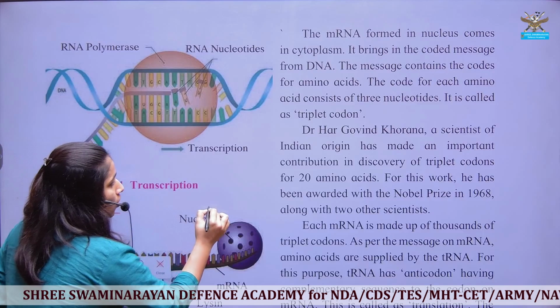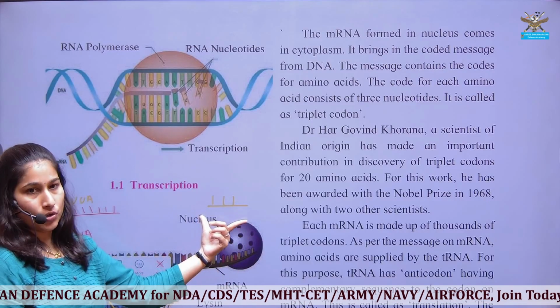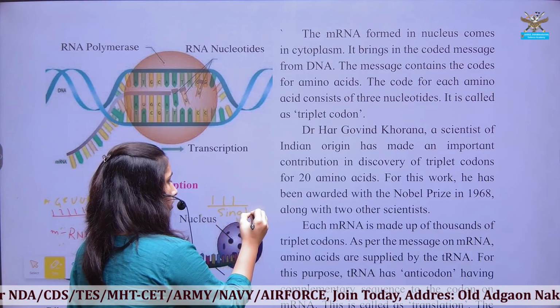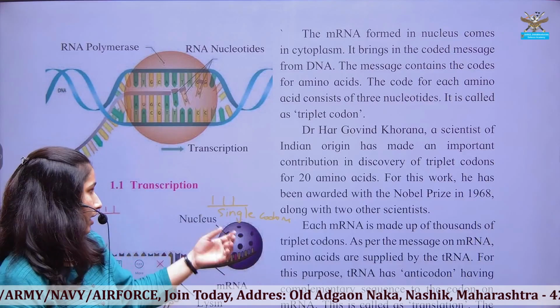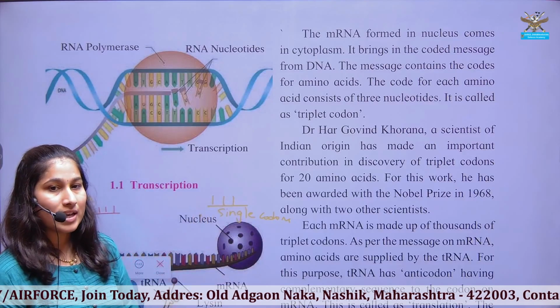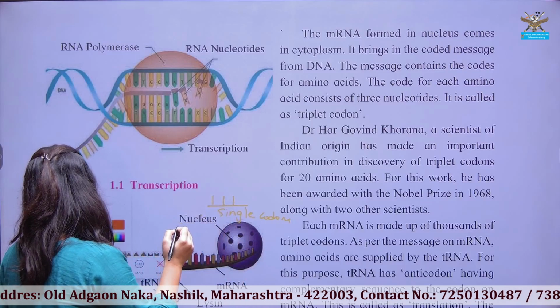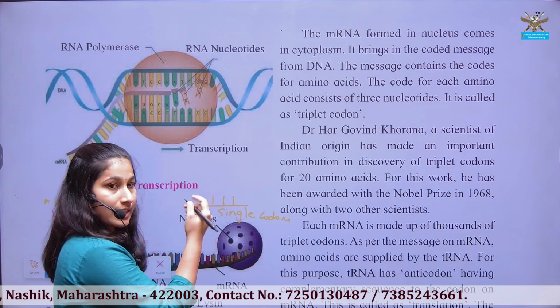A codon consists of a set of three nucleotides. A single codon consists of a triplet, three nucleotides, which is also known as a triplet codon, because it contains three nucleotides.